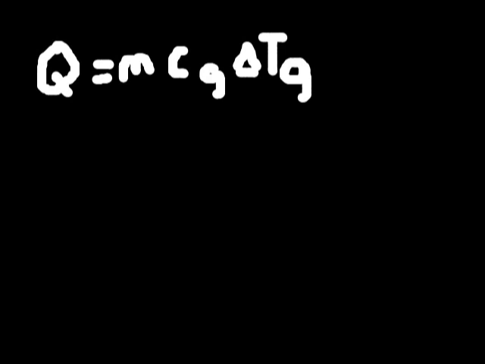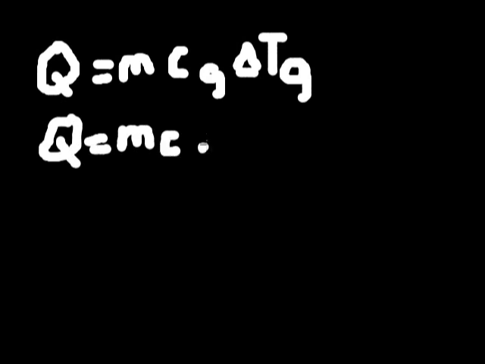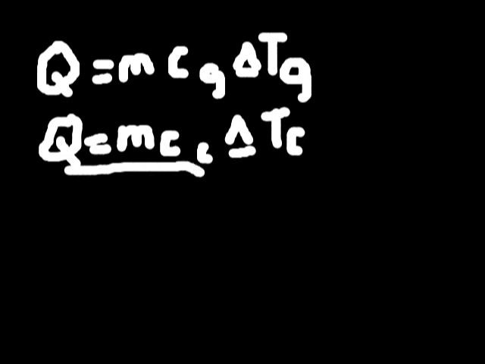And then the second equation that we're going to use is Q equals m C Cc change in Tc. And this one tells us how much heat copper will lose.